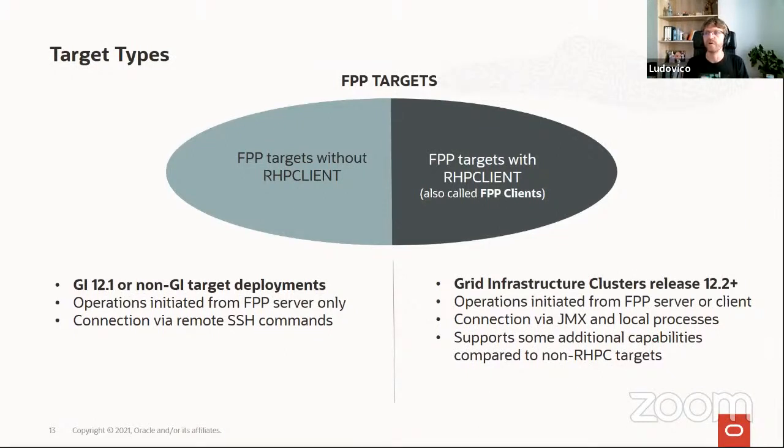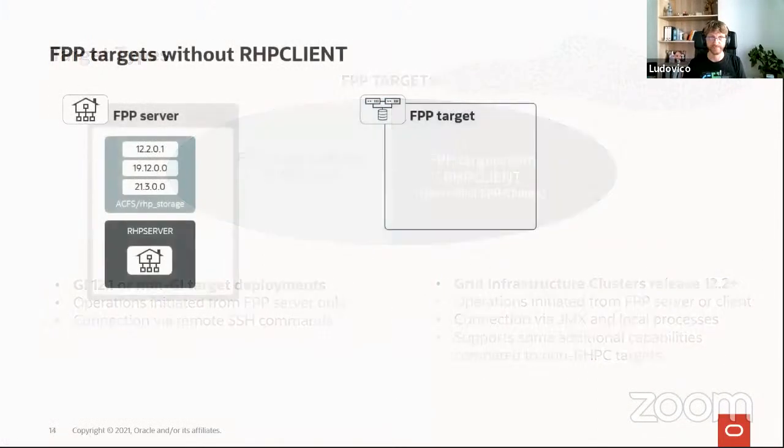And also, you don't need to specify any SSH credential anymore because you will have two processes that will have their keepers to communicate with each other without any additional authentication, because they have an embedded handshake at the beginning when you add the client, and then everything will be automated. But it's just to let you know that you connect to the two targets in a different way. The normal targets by SSH, the others will use JMX for the connection.